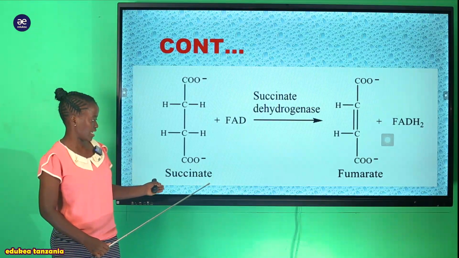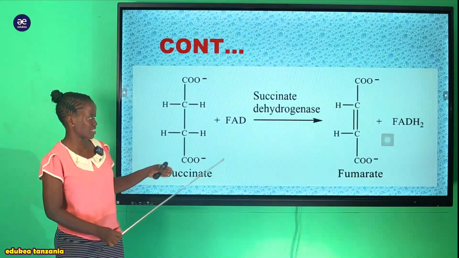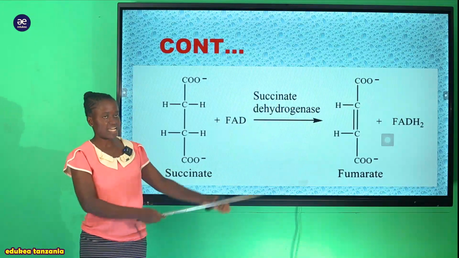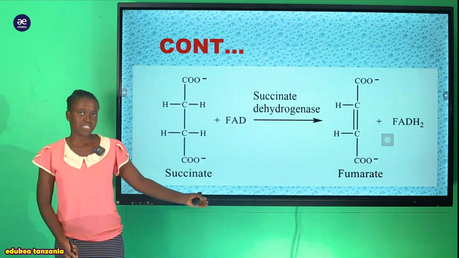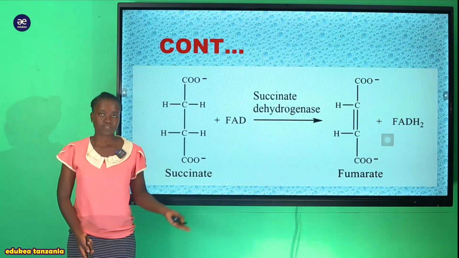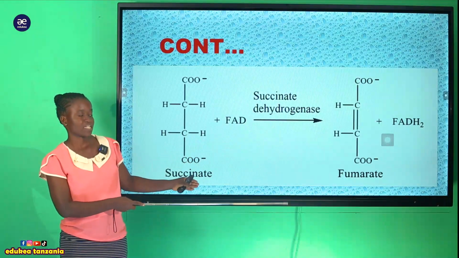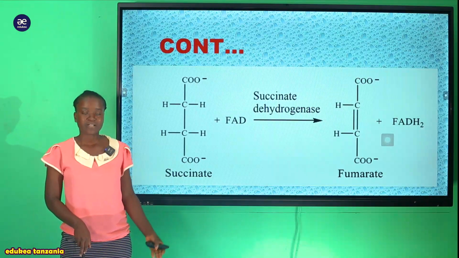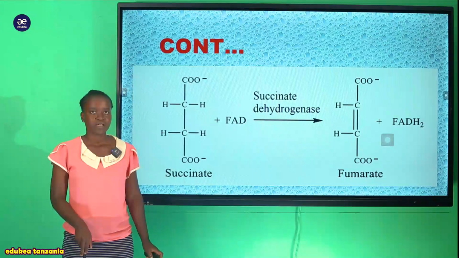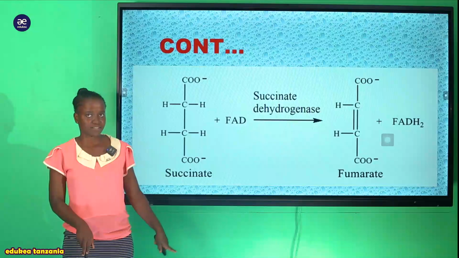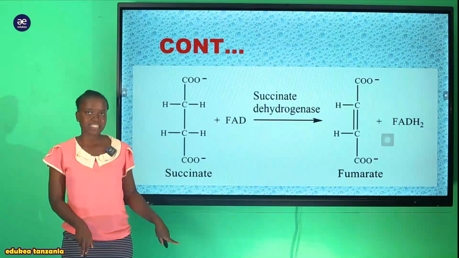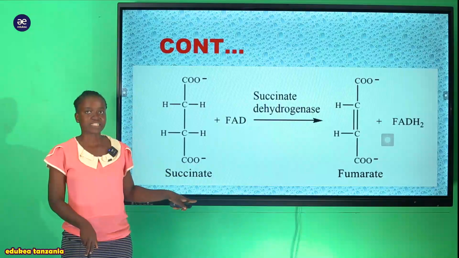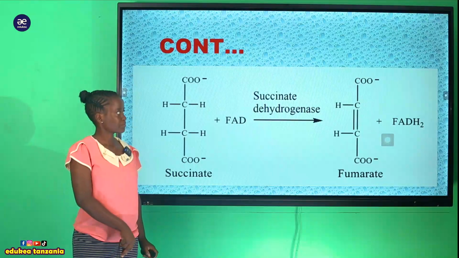You can also write in your exam that succinate plus FAD under this enzyme gives fumarate and FADH2, so that it is a complete reaction. But if you see that it is essential, you can draw all of that. So the matter here is to understand, and if you understand, you will be able to answer any question based on that stage.